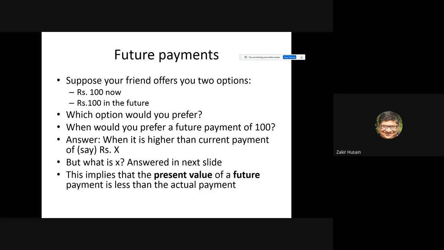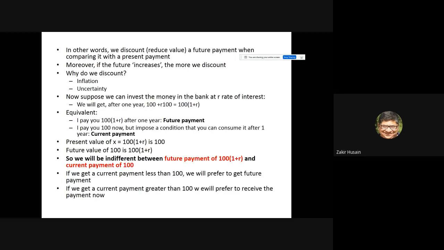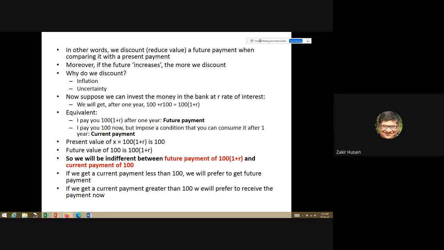What we are basically saying is that the present value of a future payment should be less than the actual payment. What we are saying by this somewhat complicated statement is that when we receive a future payment, we don't give it the same weightage as that of a current payment.